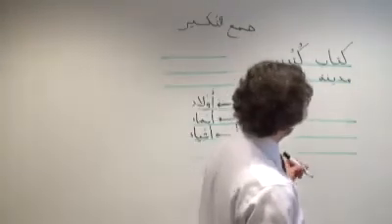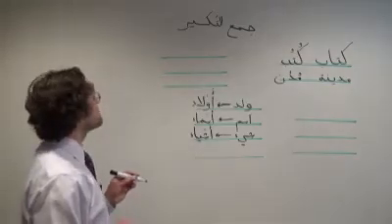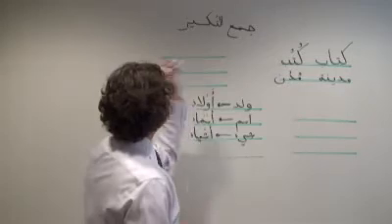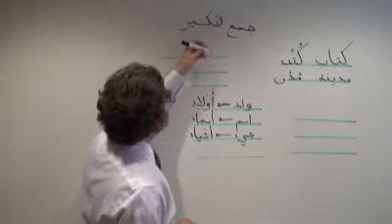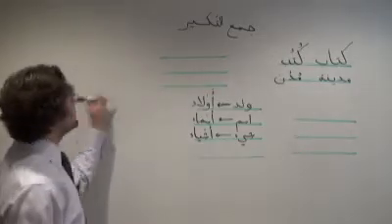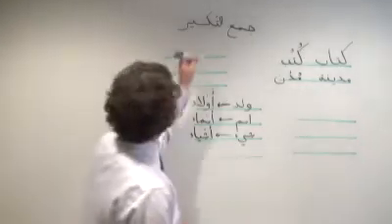Some other examples. Speaking of ta marbuta, again, we have to be careful because we could be thinking, oh, I see a ta marbuta, I'll just add the alif ta, that sound feminine plural pattern, but not always.